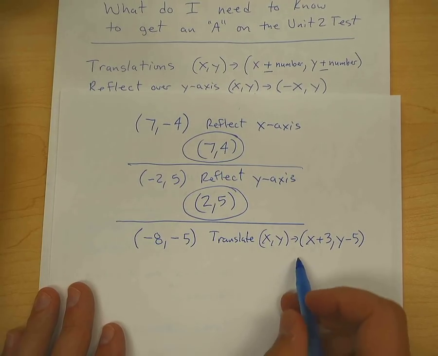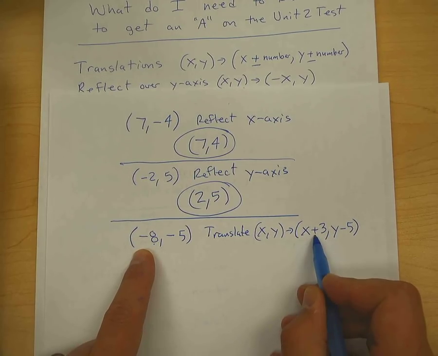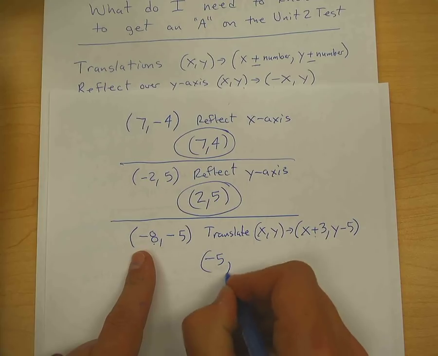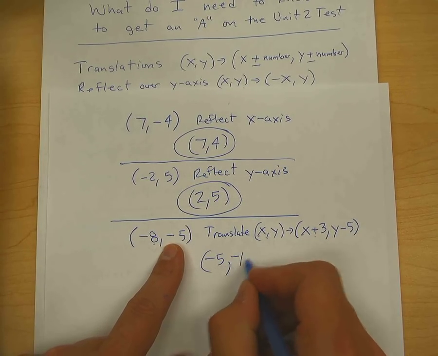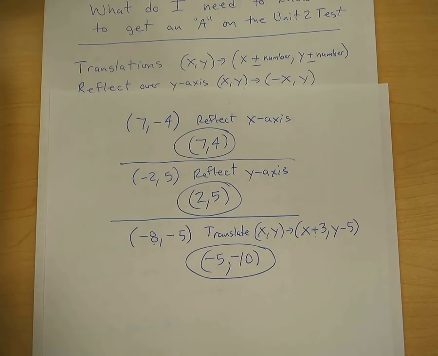Okay? So basically what we have to do is we take the -8 plus 3, which is going to give us -5. Then we take the -5 minus 5, which would give us -10. So this is our answer for that one. All right? Hopefully you're understanding it so far.